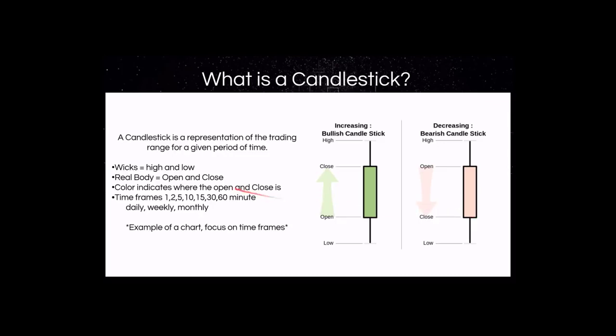So the wicks are the high and the low. The real bodies show you the open and the close. The color indicates that. And the time frames, there are pretty much infinite time frames you can be looking at. The 1 minute, 2 minute, 5 minute, 10 minute, hourly, all the way up to daily, weekly, monthly, yearly, and so on and so forth.